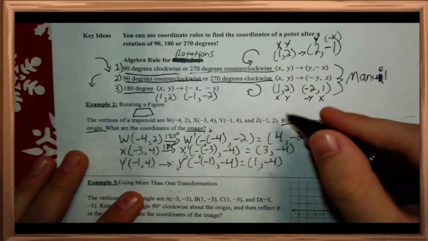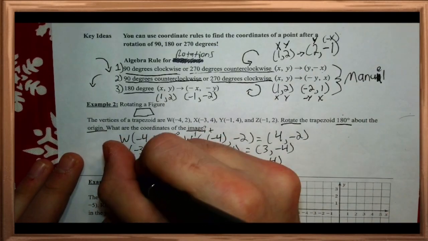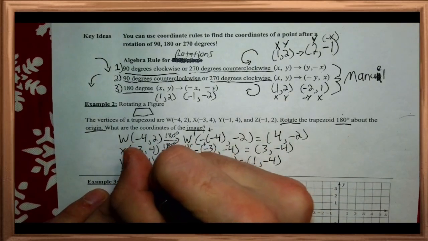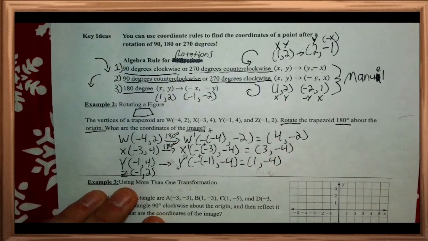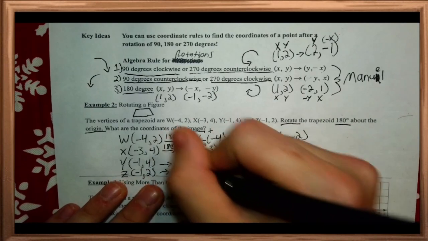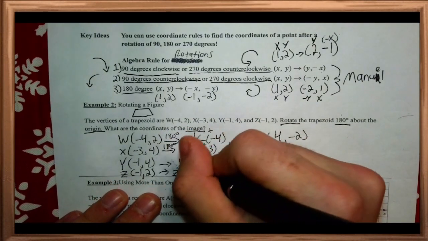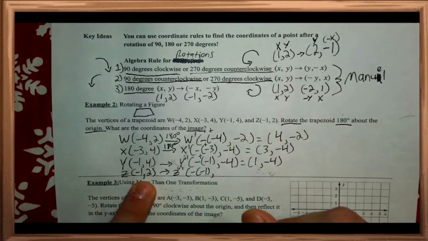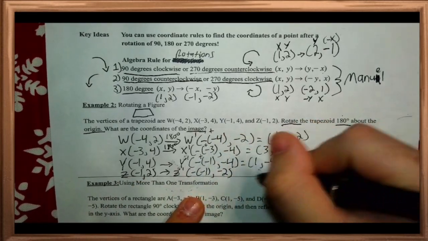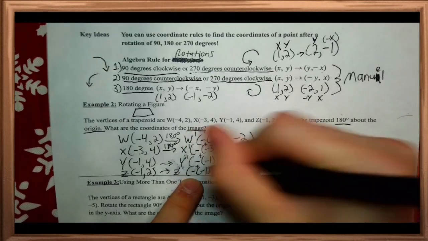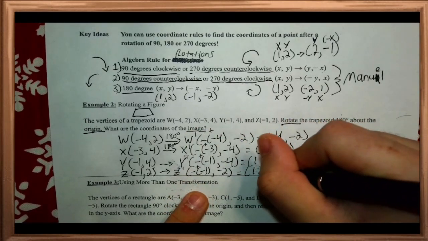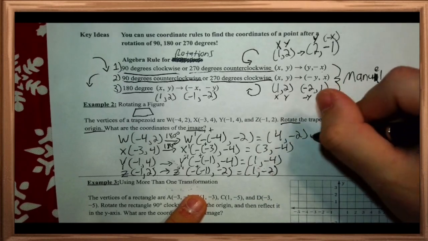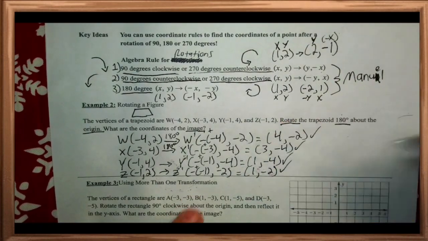And then the last one, z. Z is negative 1, 2. So, 180 degrees, z prime is negative negative 1, then the negative 2. And again, double negative is a positive, 1, negative 2. And these are our new coordinates.